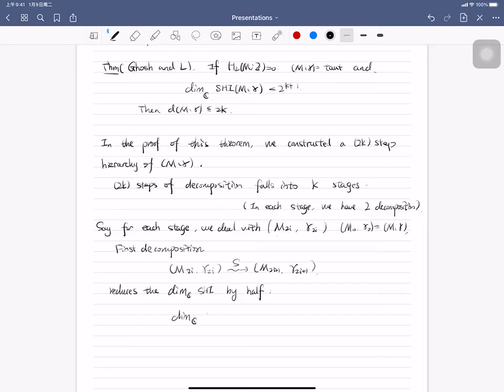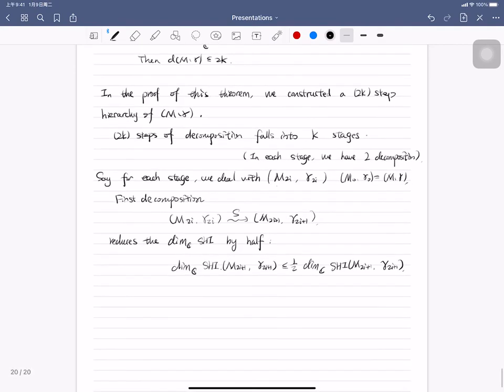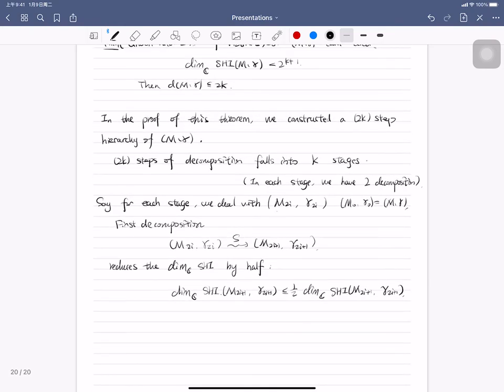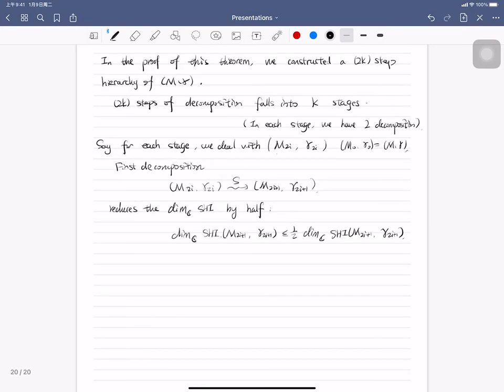So the dimension is at most half of the original one. Okay, so I don't have time to explain the details, but we study how the surface looks like.